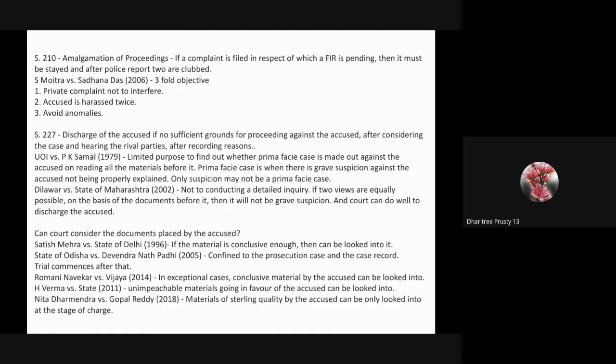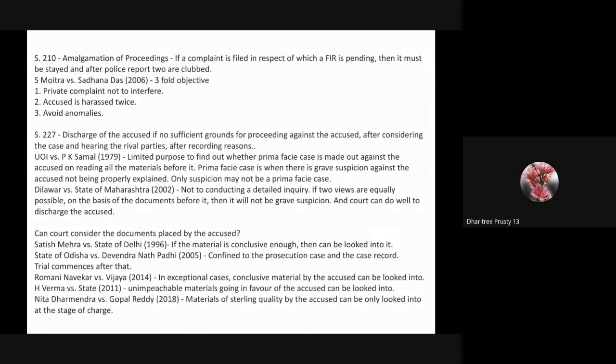But here the important question is: when will the accused actually be discharged? What is the deciding factor here? In Union of India versus PK Samal, it was made clear that while discharging, the sessions court must ensure whether a prima facie case is made out against the accused on reading all the materials before it.